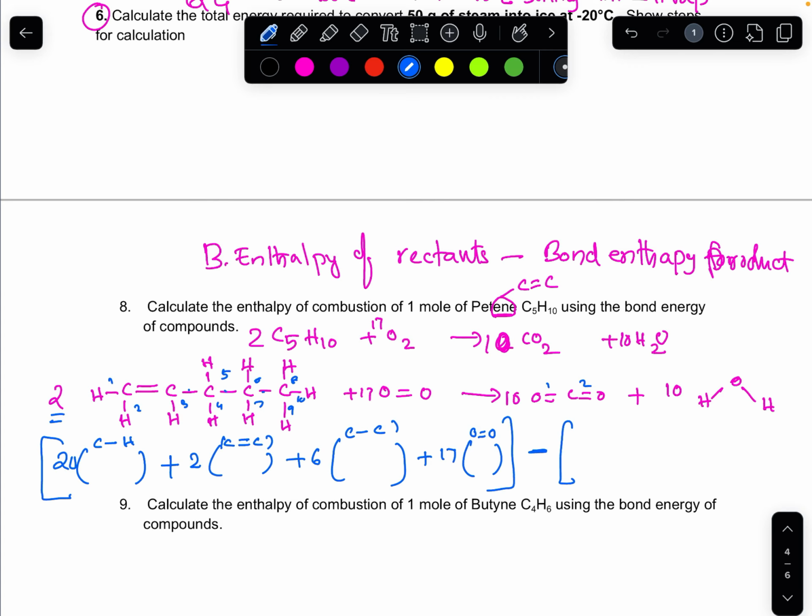There are 2 COs, 10 times 2, that is 20 C double bond O, plus same thing, 20 OH.